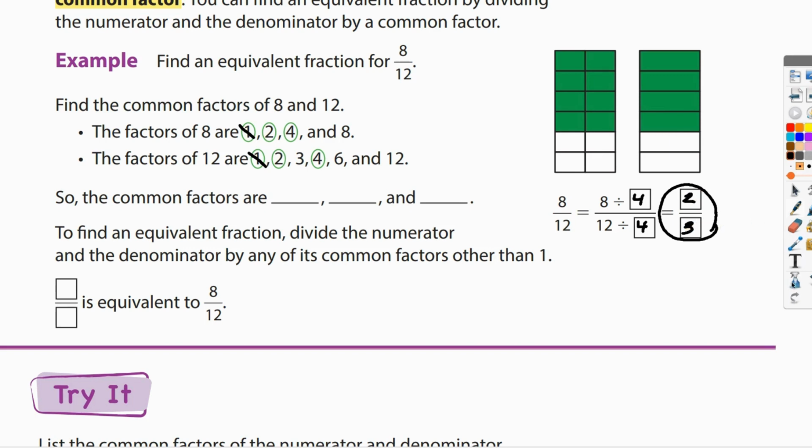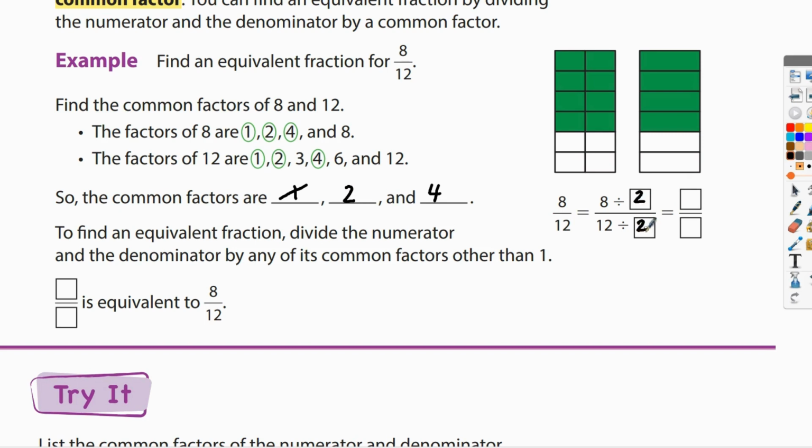So now I'm going to go ahead and do it the way that the book is explaining it. Again, I'm going to put a 1, a 2, and a 4. We're not going to use 1. I use the greatest common factor, but for the example, let's use the 2. I'll show you why I'm using the 2.